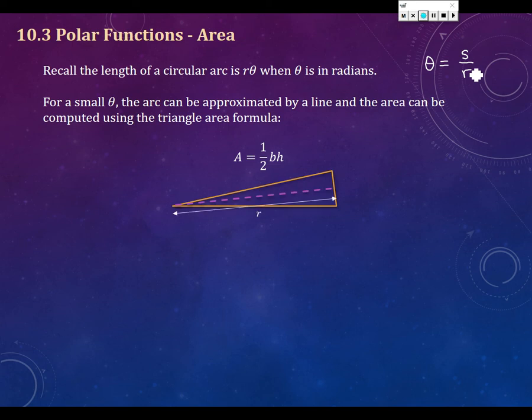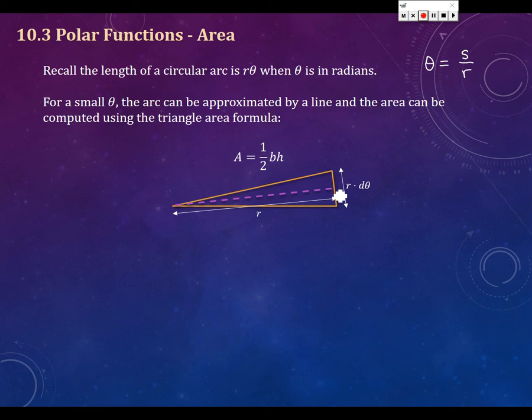So here's a picture of a triangle. If we're inside of some curve, or say a circle even, then we have the radius coming out from the center out to where we are. So the radius forms for us the height, taking the role of h. And the base is r d theta.